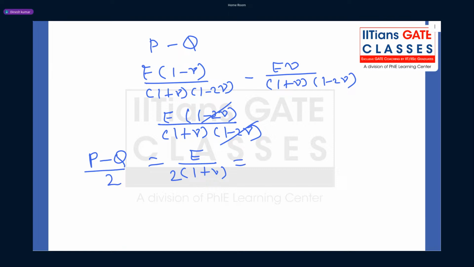So what is it? It is R, and this is equal to G. So tell me, which is the correct answer?